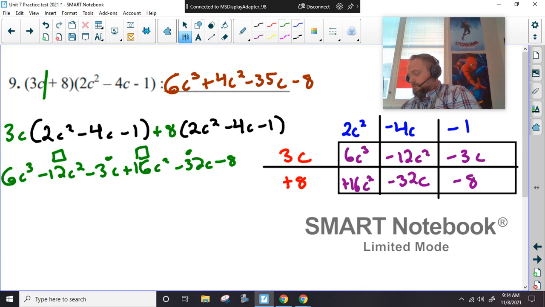That 6C cubed is still going to come first. So when you put it in order, the C cubed should come first. Yeah, you're good. You just got to do the highest exponent first. Yeah, that's fine.